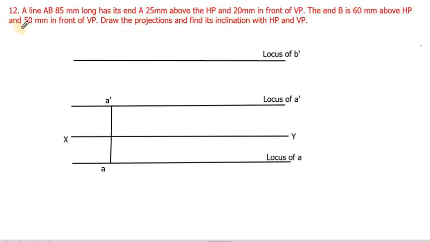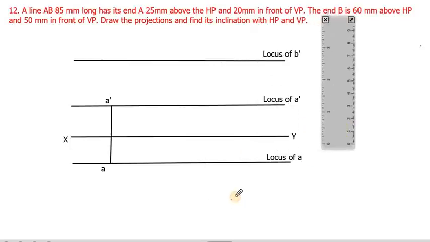Similarly, the B point in front of VP is 50 mm. So take the scale from XY and mark 50. So make sure that the scale is parallel to the A dash A line. Okay, so the 50 point will be somewhere here.